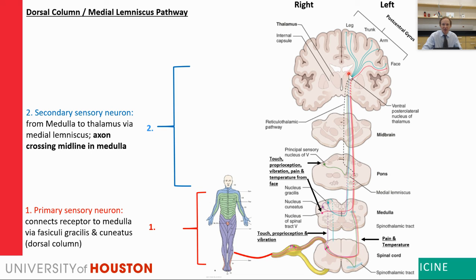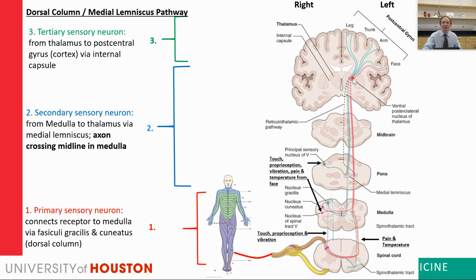It synapses there with the tertiary neuron, which ascends further into the cerebral cortex, more specifically the postcentral gyrus, aka the primary somatosensory cortex. From the thalamus, the information is carried in a somatotopic organization through the posterior limb of the internal capsule to the primary somatosensory cortex.